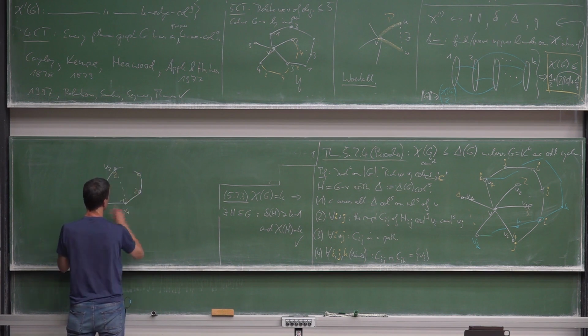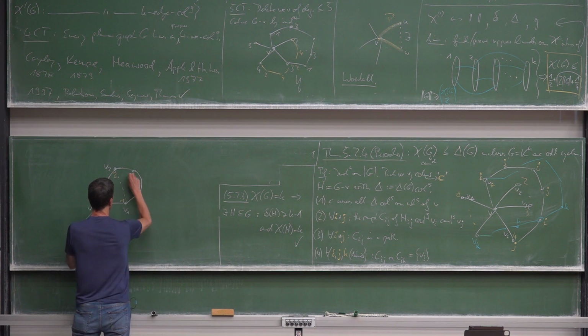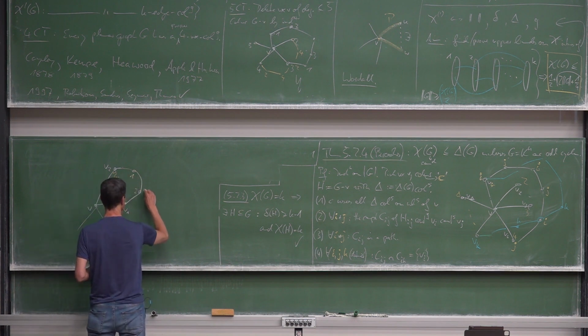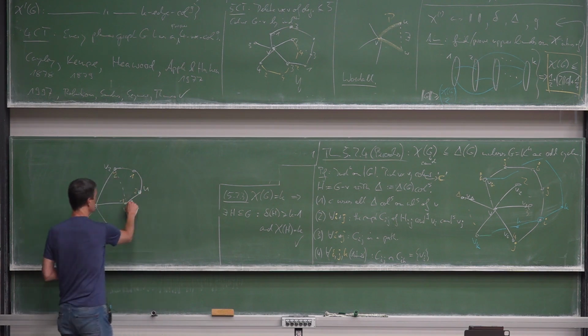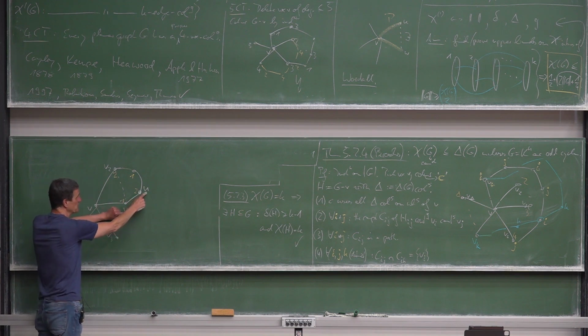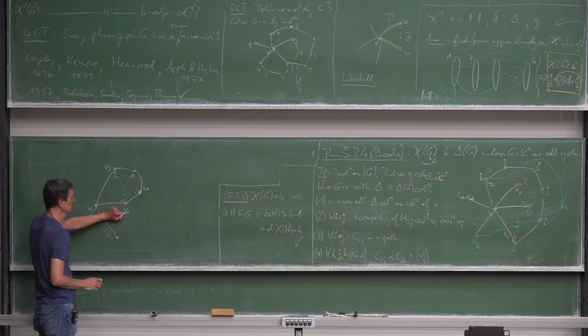And it has a vertex U incident with V1 that is not a neighbor of V, because this path has length bigger than 1, because this edge isn't there. So it's important that U is not a neighbor of V. And U is colored 2.